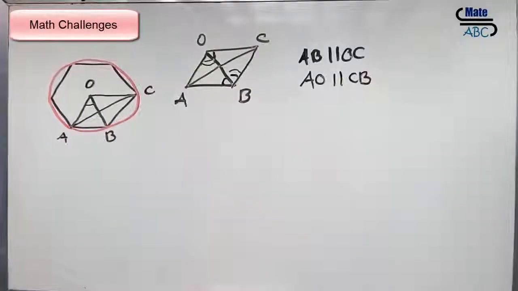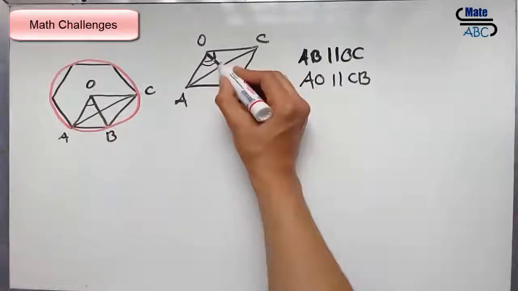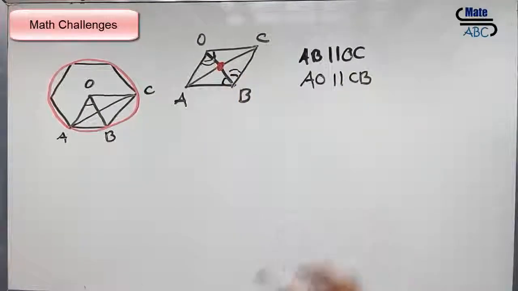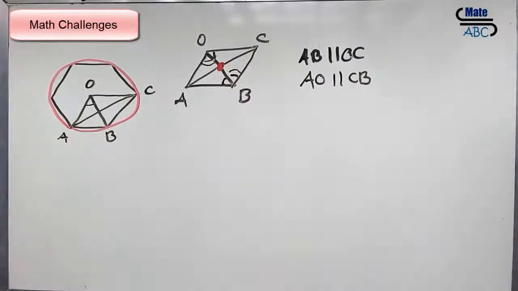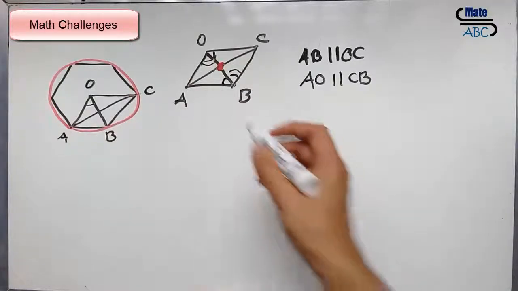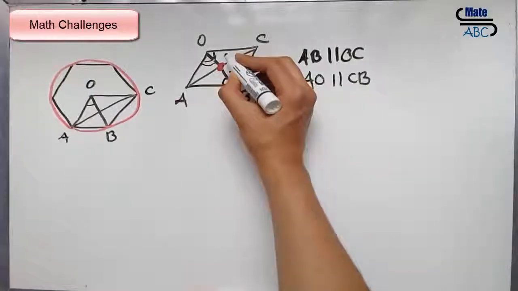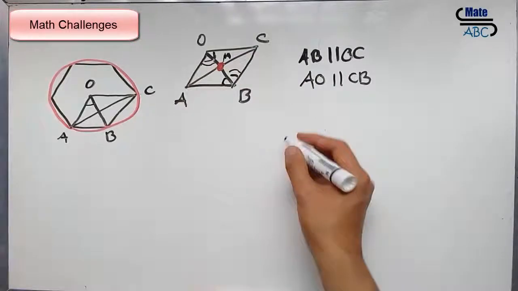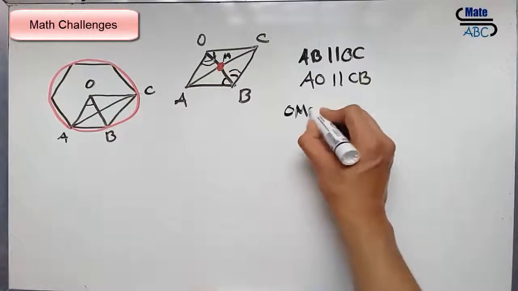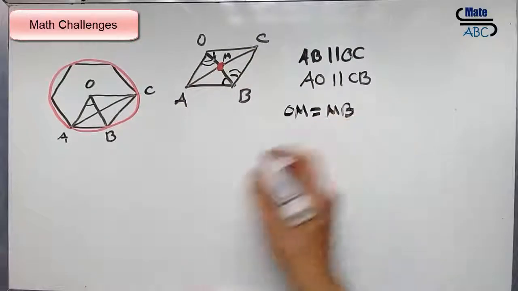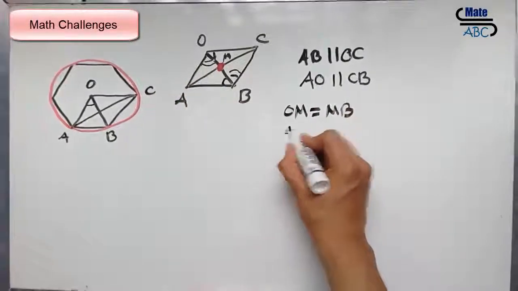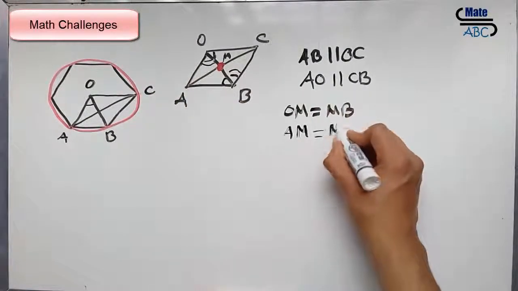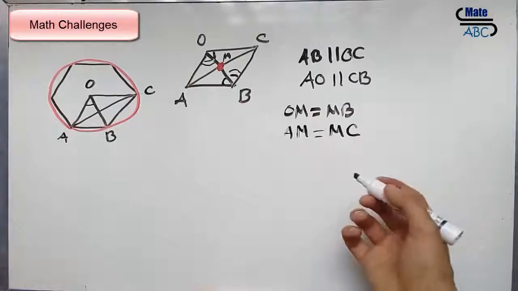So this is a parallelogram, but also we have that this is the midpoint. From propositions of parallelograms, if we call this M, we have OM equals MB, and also AM equals MC.